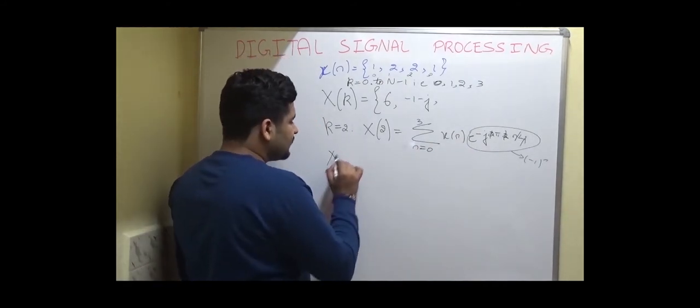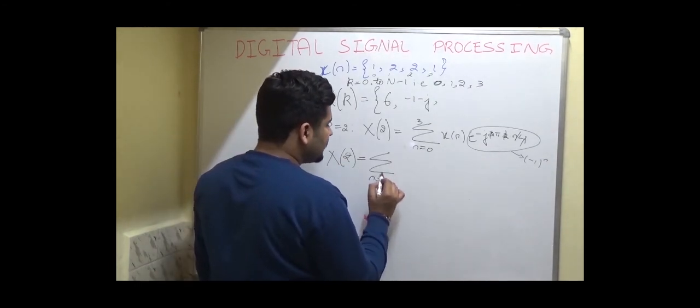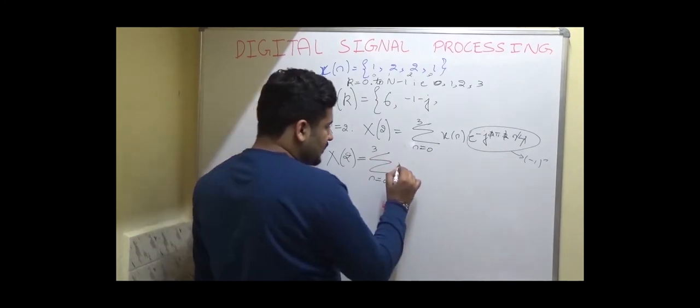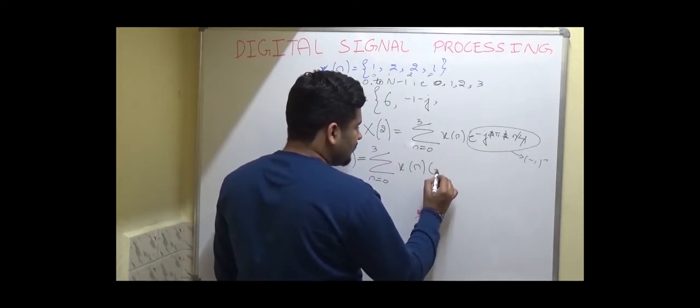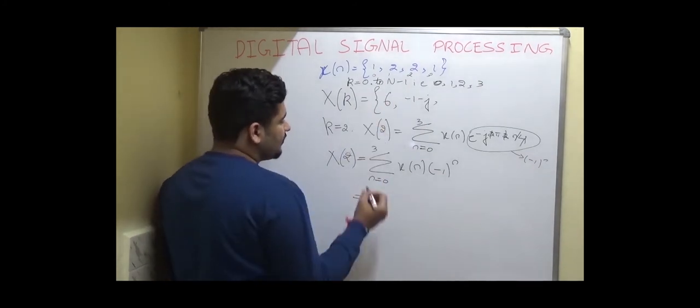Next, x of 2 is equal to summation n ranging from 0 to 3 x of n into minus 1 raised to the power n. Now I just substitute the values over here.